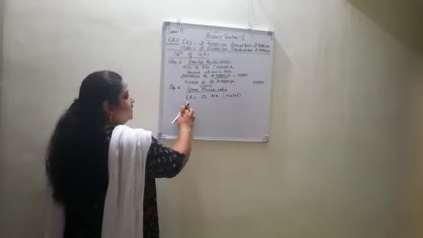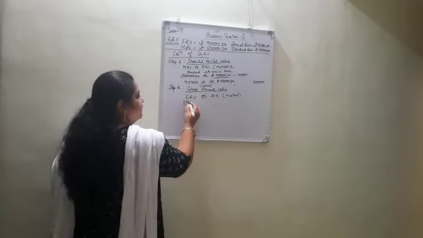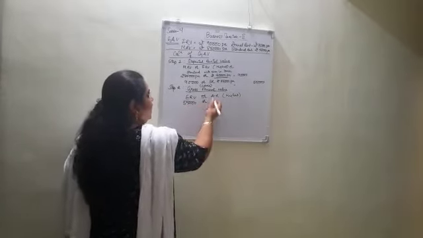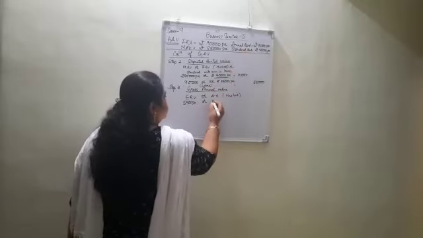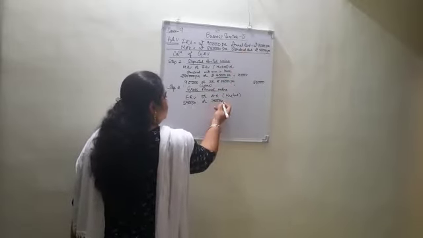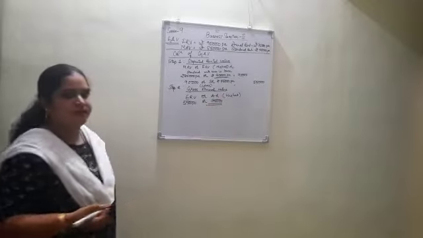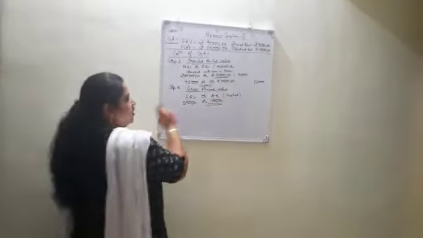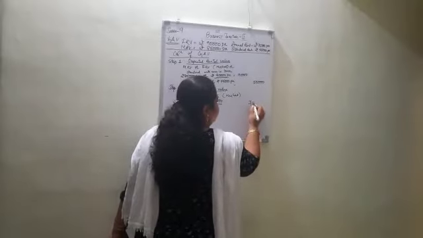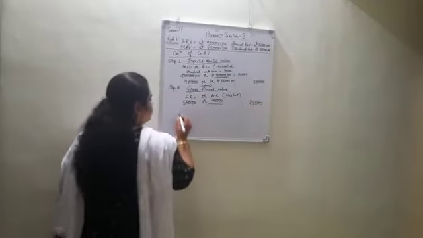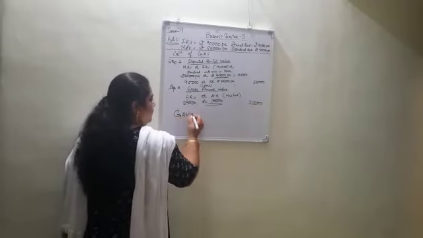So the expected rental value is 55,000 or the actual rent given in the problem, 75,000. Which is highest here? 75,000. Actual rent is highest. So your gross annual value is 75,000.